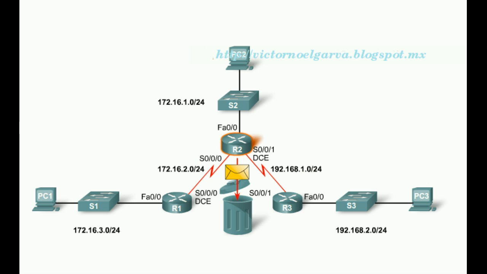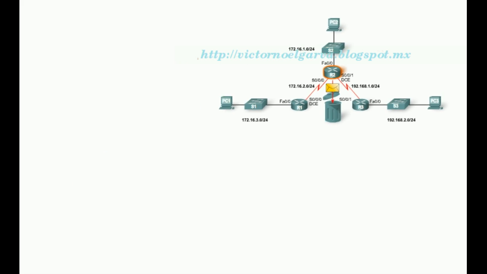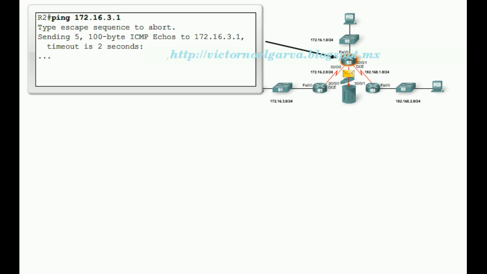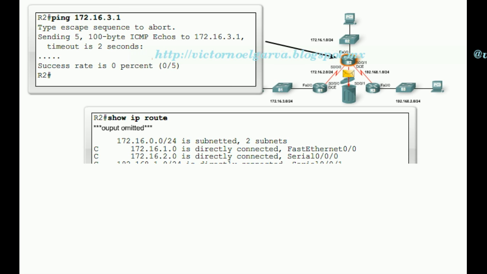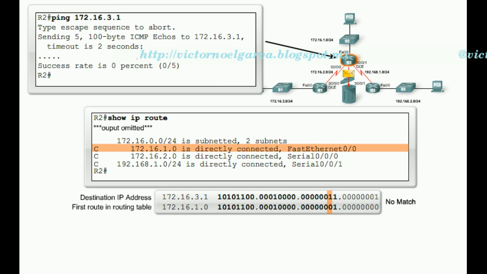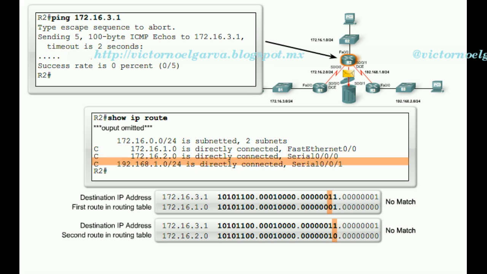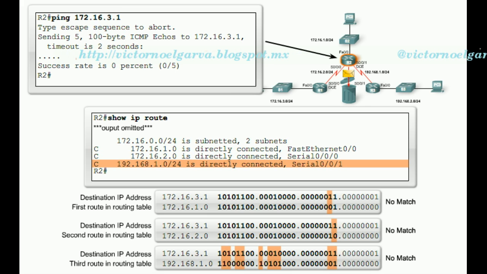Therefore, this route is also rejected, and the process moves on to the next route in the routing table. The third route is also not a match. As shown, 10 of the first 24 bits do not match. Therefore, this route is rejected. Because there are no more routes in the routing table, the pings are discarded.